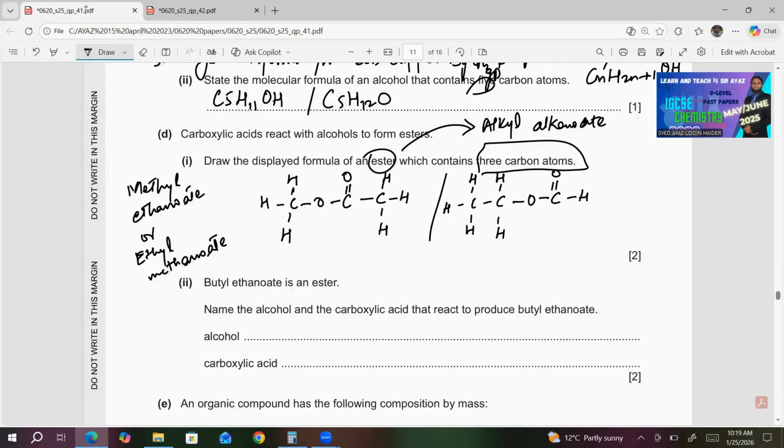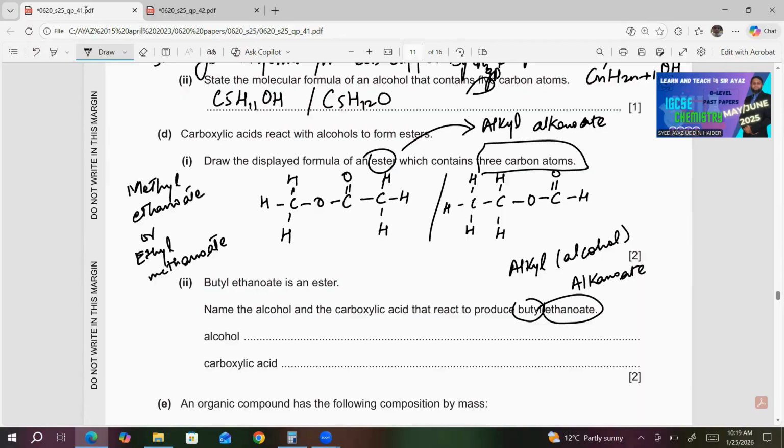Butyl ethanoate is an ester. Name the alcohol and the carboxylic acid that react to produce butyl ethanoate. So this one is the alkyl group. It comes from alcohol. And this one is the alkanoate.